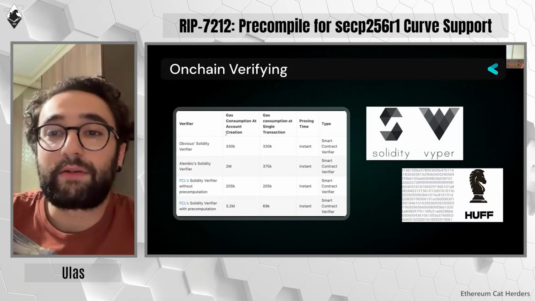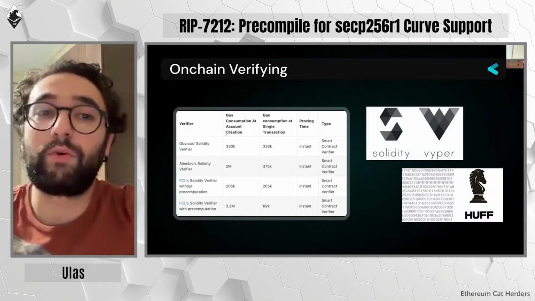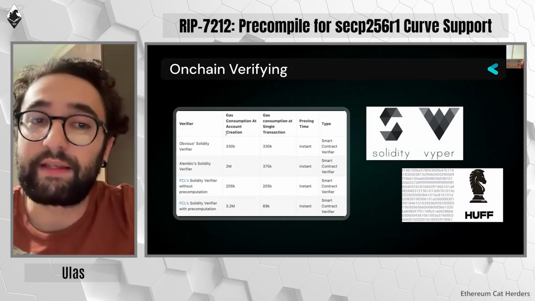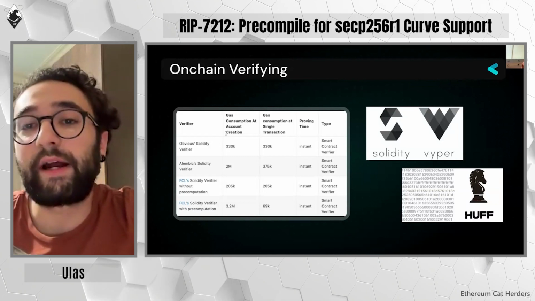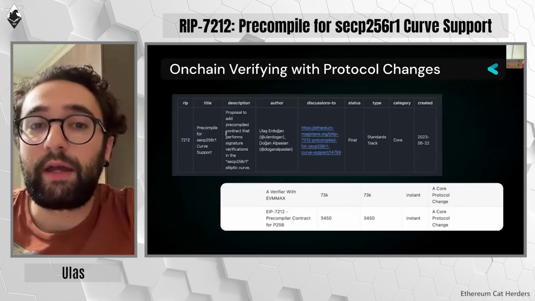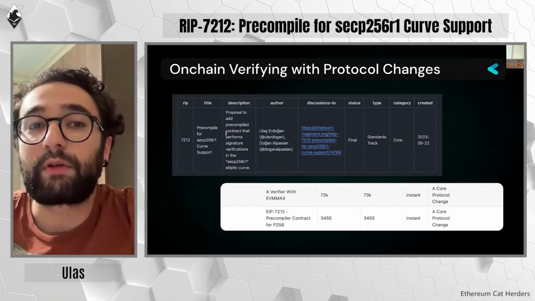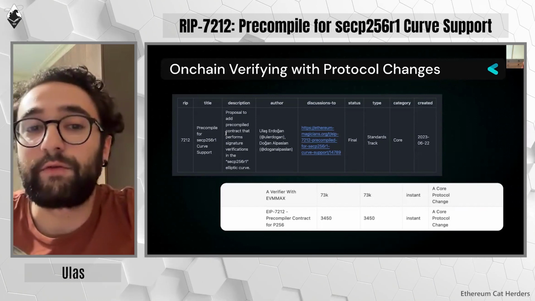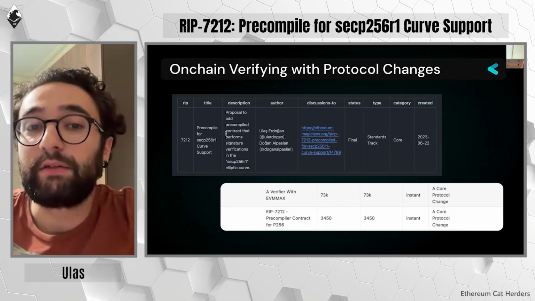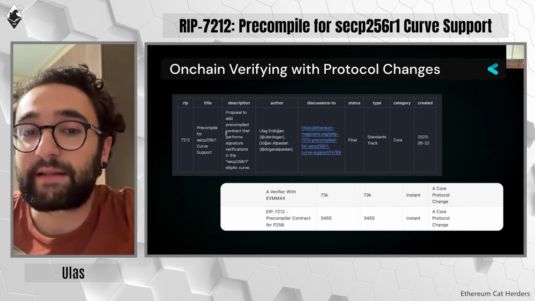And now there are Solidity, Vyper, and Huff implementations also adapting our proposal's interface, but they cost too much gas, and I don't think they are the most secure approach. And there are two methods of utilizing this elliptic curve on-chain by protocol changes. The first way is utilizing EVM Max.